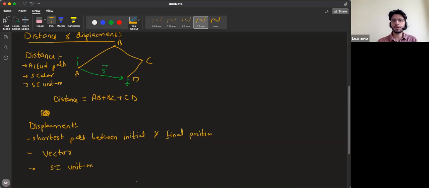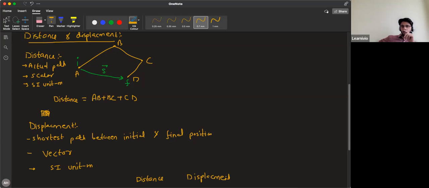Now, if I compare distance and displacement, Farhat, what do you think? Out of distance and displacement, which should be greater? Distance. Mamuna, in what case will distance and displacement be equal? In general, Farhat is correct. Farhat is saying distance is greater than displacement.